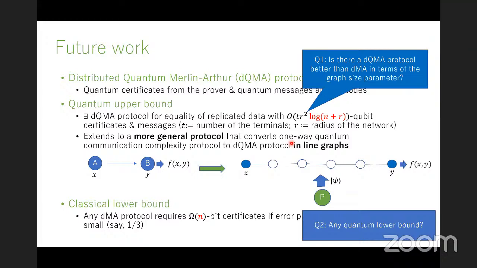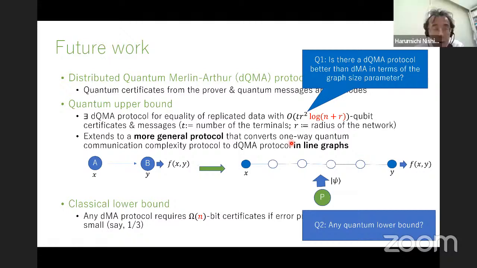So, for example, if we have two verifiers, do you have some improvement? We don't consider multiple provers, because in the literature, in the classical case, there is only one prover.